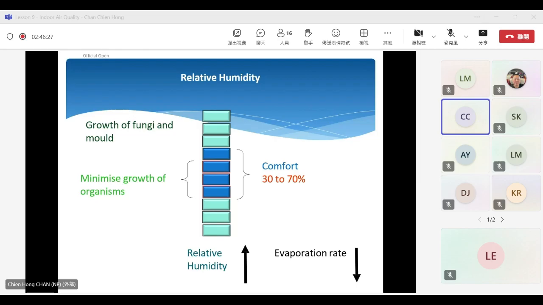That means condensation will occur. Right? So that's the reason why in Singapore we have a very humid environment, because the relative humidity of the air in most of our non-aircon environments is easily 70, 80%.